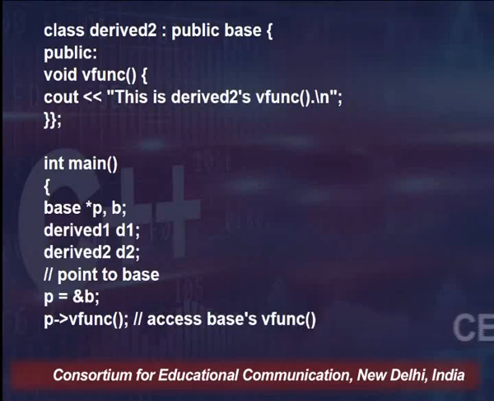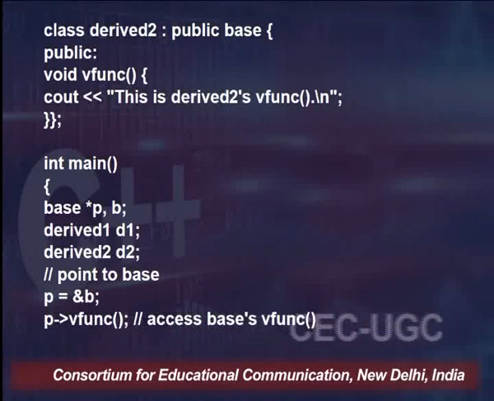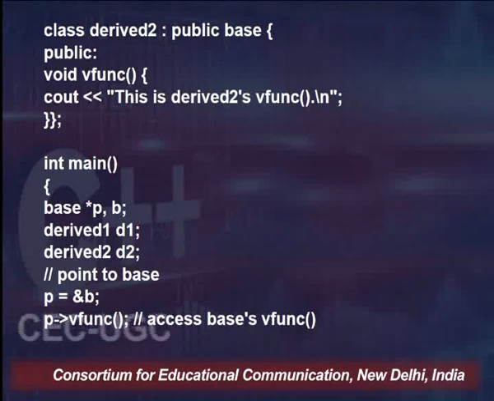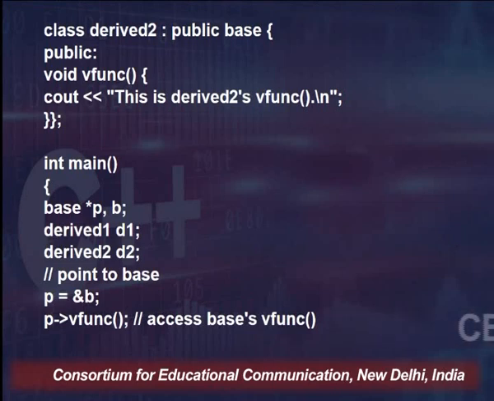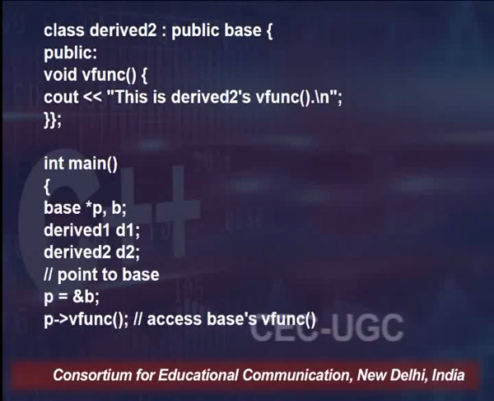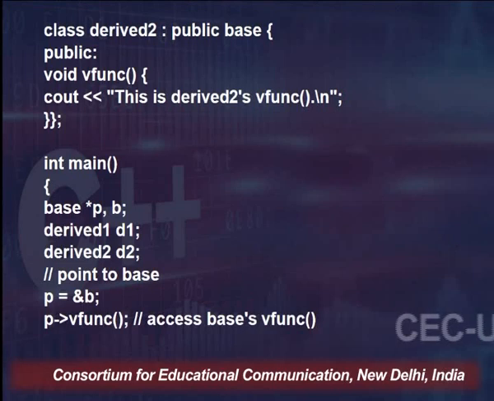Within that pointer p, we have first kept the address of the object of the base class. What does it mean? Here we have a pointer to the base class as well as an object of the base class, and this is achieved with the statement p = &b.